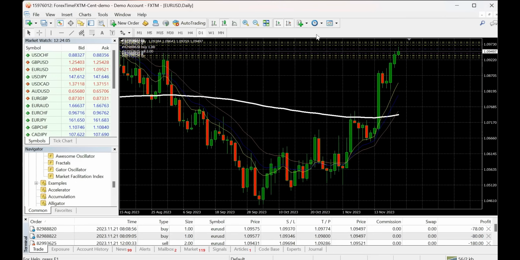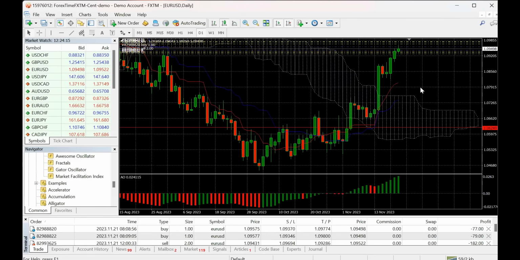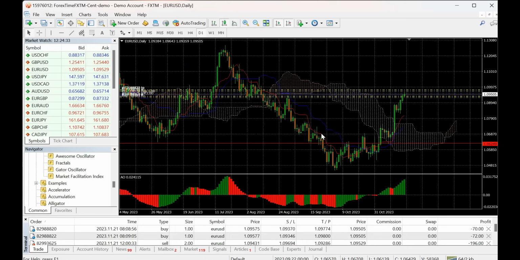I've been switching between this and the other indicators I've been using. I have a few questions about this Ichimoku trade. What does this region where my mouse is?